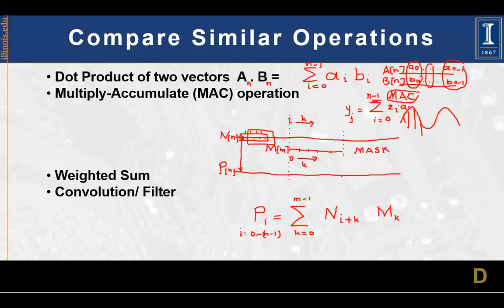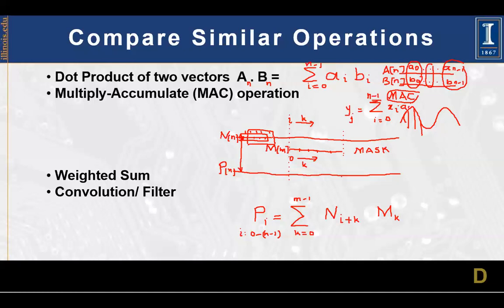We again have the next 5 values in this original signal n. And we now place the same 5 values of this mask or filter over here.